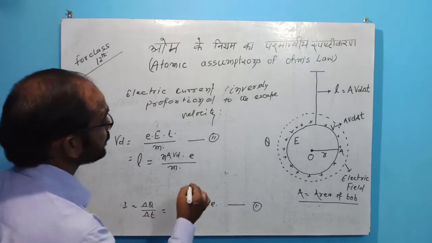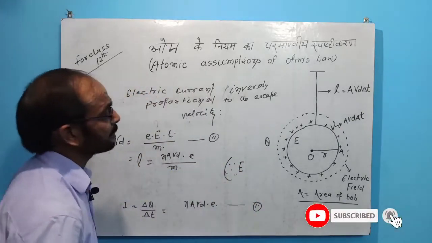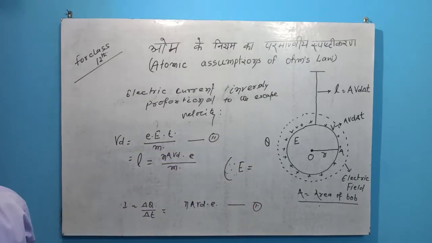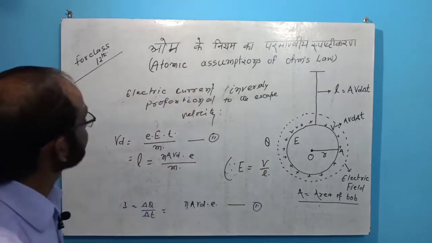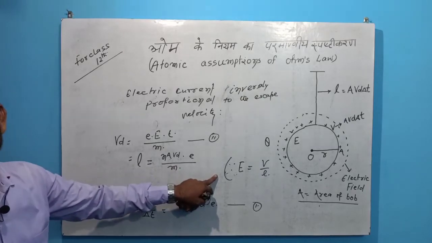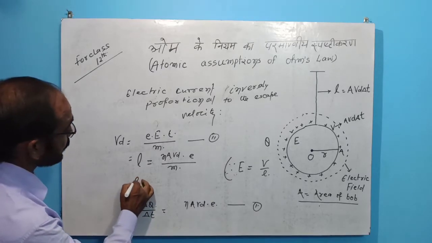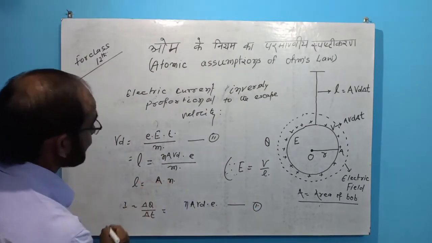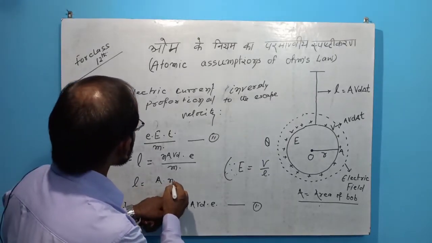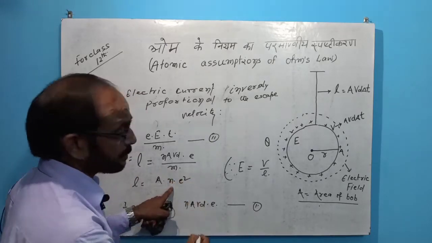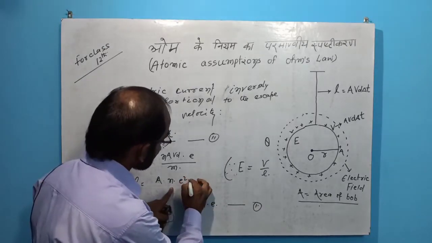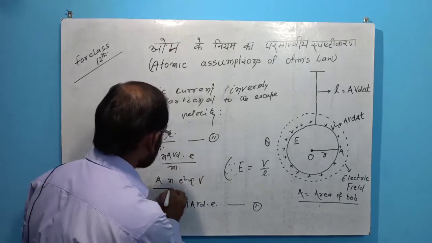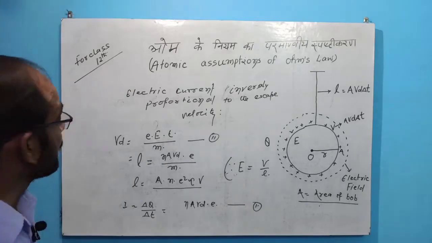If E equal to intensity, with respect to the density of the bulb, can be written as V by L. So L equal to A n number of electrons E square tau into volume of the bulb upon ml.